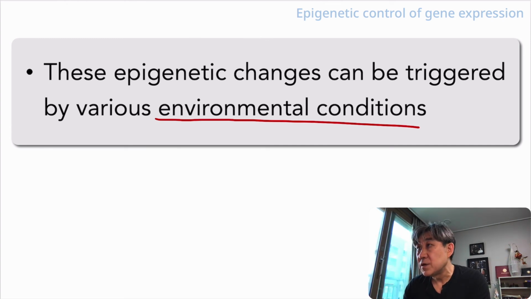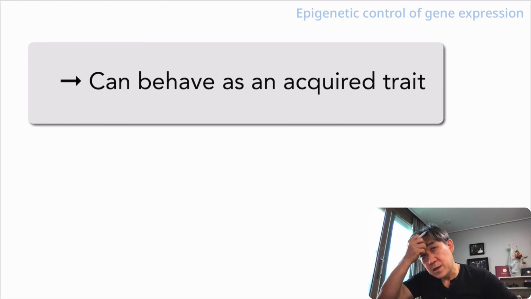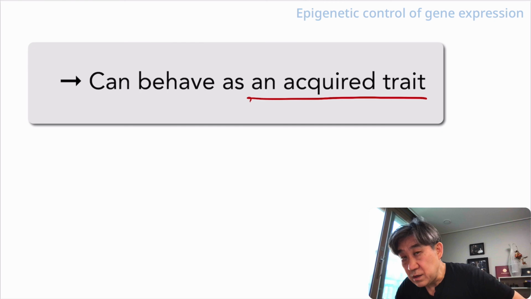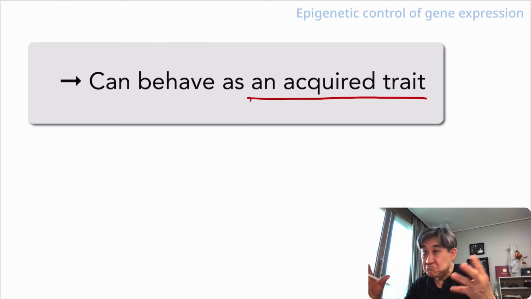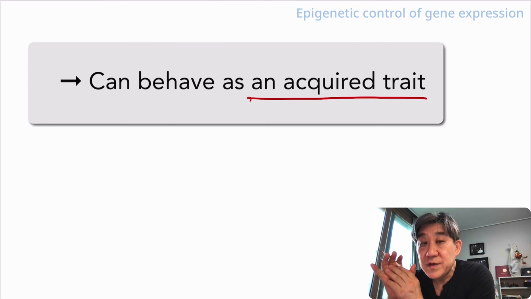Okay, so a lot of those epigenetic traits appear to behave as if they are acquired traits. Apparently you don't find any DNA sequence change, but then it is not actually an acquired trait because it definitely can be inherited into the next generation.